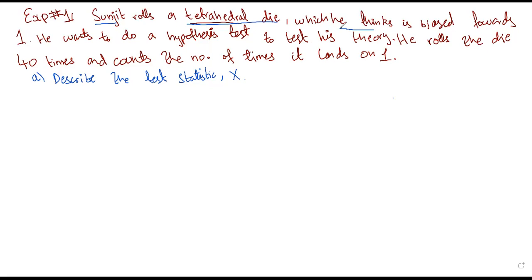So basically, he's thinking that if he rolls the die, the probability of getting 1 is more than the probability of getting any other number. This line which I've underlined with blue means that. In this case we have 4 sides, so the probability of getting any number is 0.25.